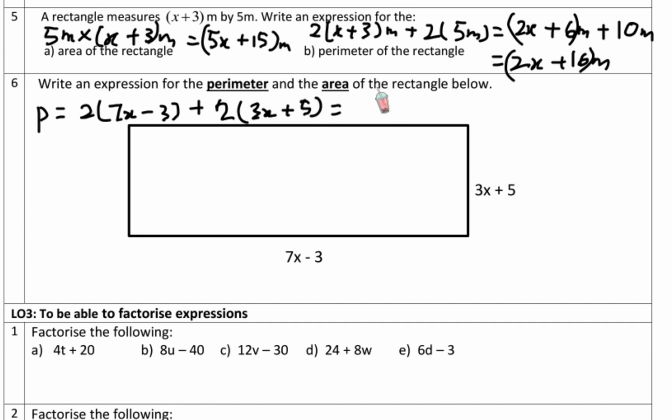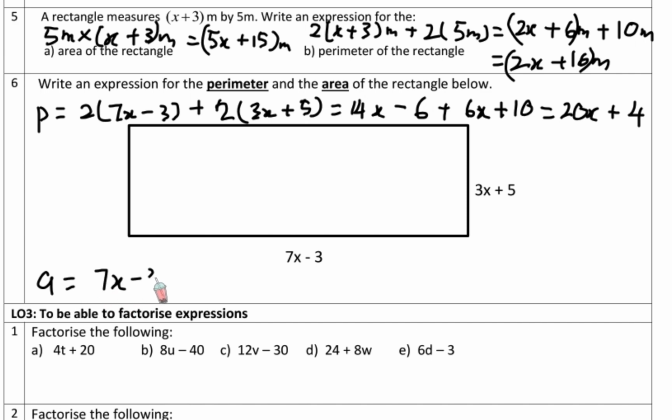And this will equal 14x minus 6 plus 6x plus 10. So we would get 20x plus 4.